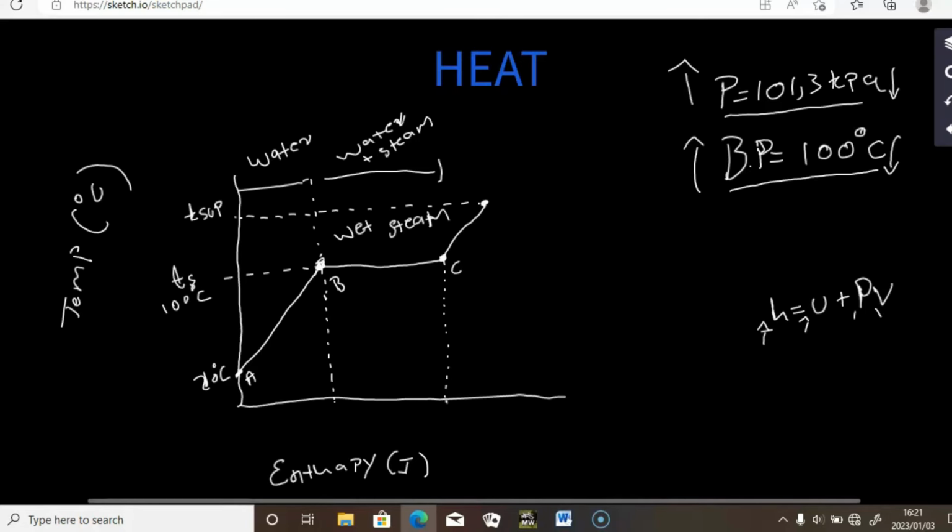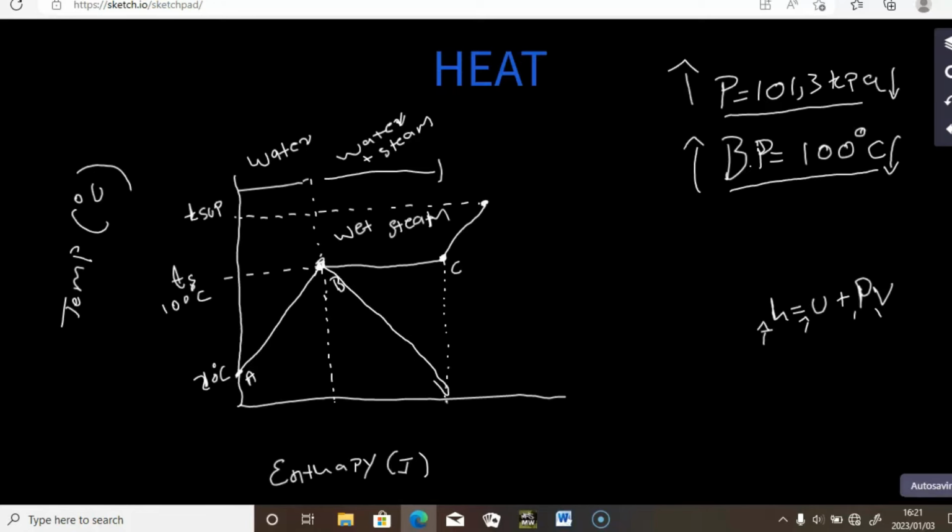And we're going to have a diagram like this. This is what will give us what we call our dryness factor, or our dryness fraction. What we are saying is that the more heat energy we add from point B, the less water we will be having.